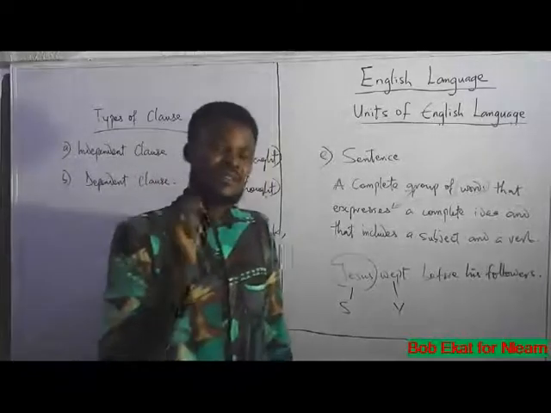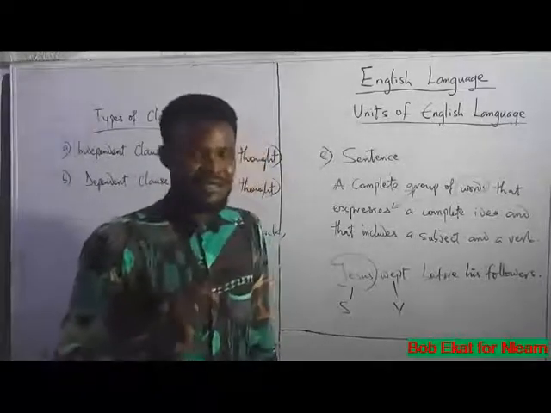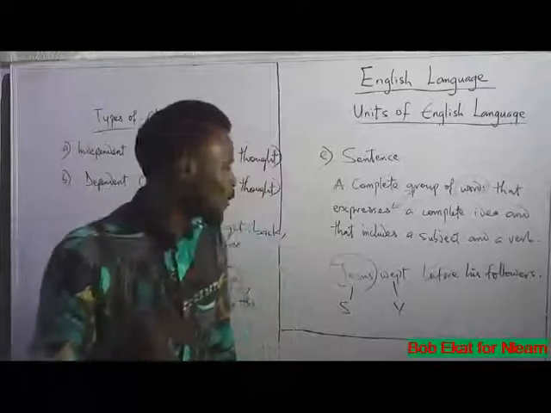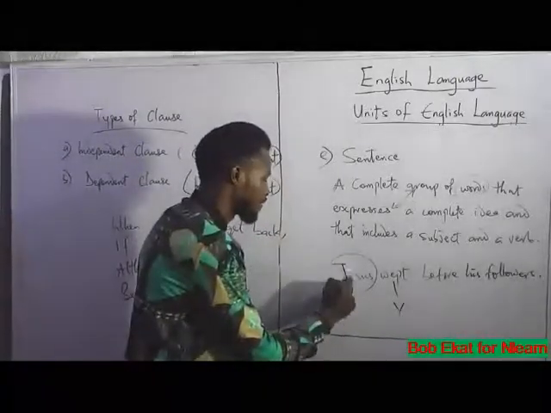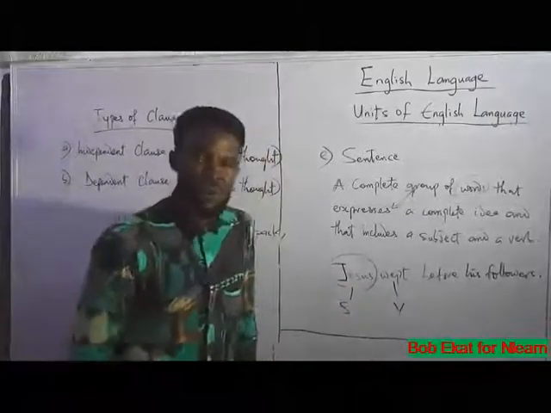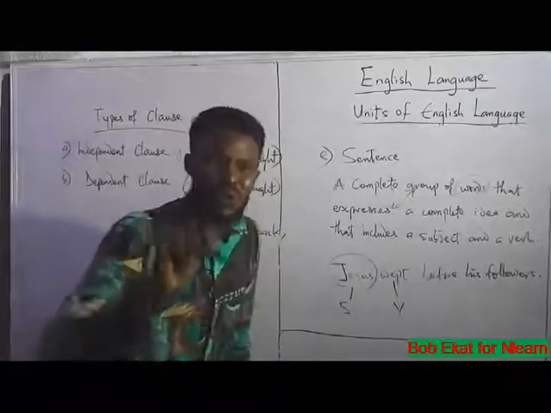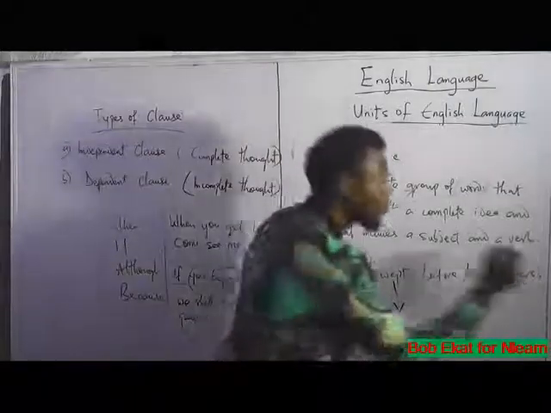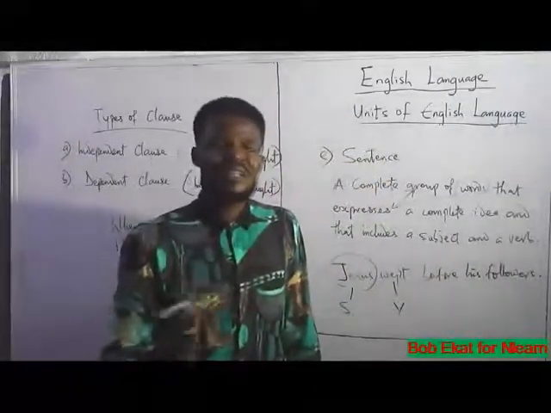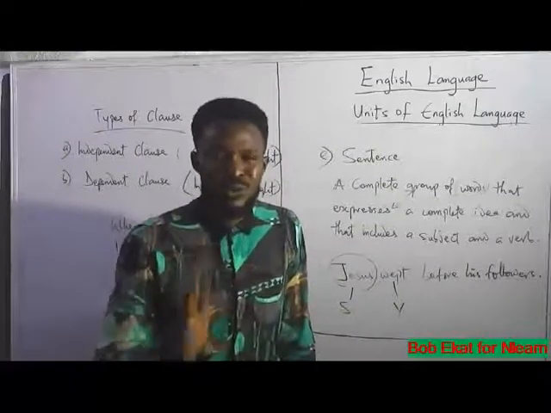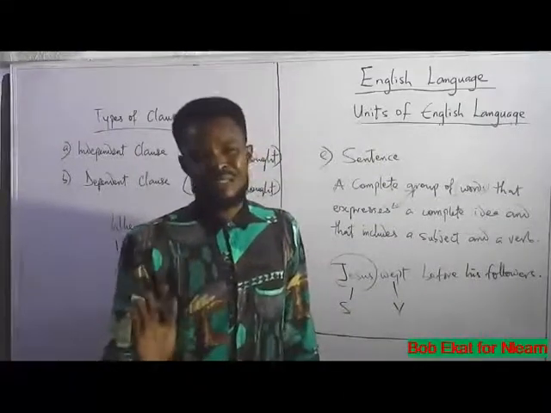One thing you must note is that a sentence must always start with a capital letter. And also, a sentence must always have a full stop. These are non-negotiable rules of English language.